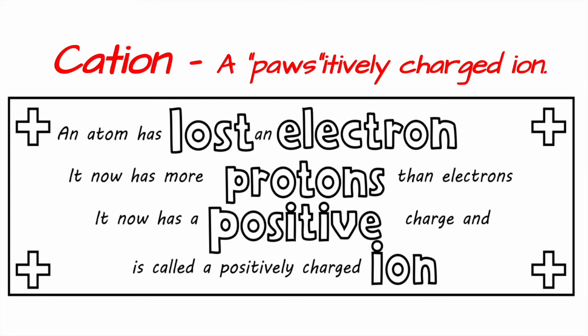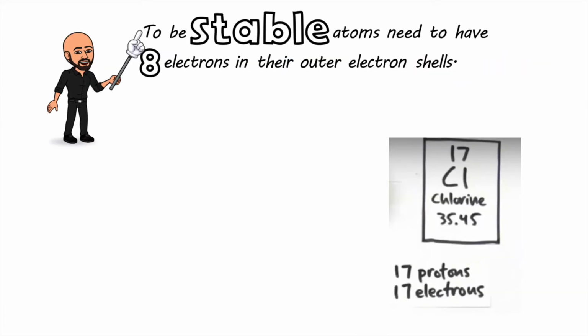And before we jump into practice, I know that's not enough for you guys because you want to know the why. Why do we need to know these ions? So let me give you a little view into the future of where we're going. Okay? And we're going to come back to our chlorine atom. And what I told you we need to remember is to be stable, atoms need to have 8 electrons in their outer electron shells.